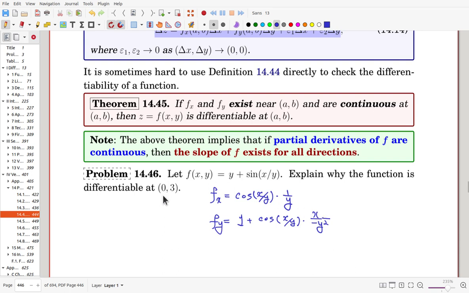Now, around the point (0, 3), this is continuous, and y is on the bottom and is far away. 3 is far away from 0, so these two are continuous. They exist and are continuous, so the function is differentiable at (0, 3). Okay.